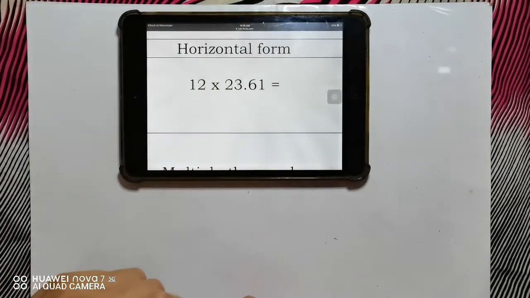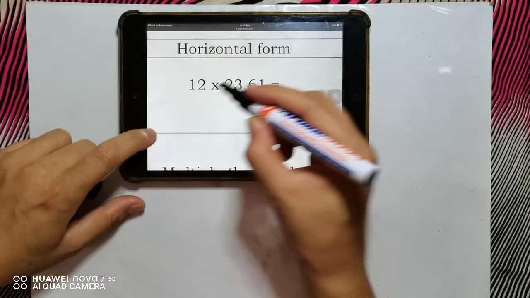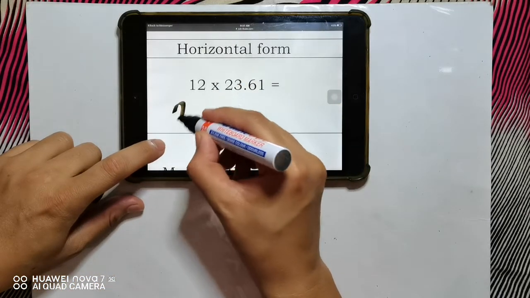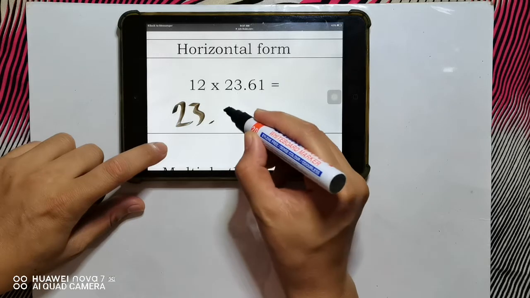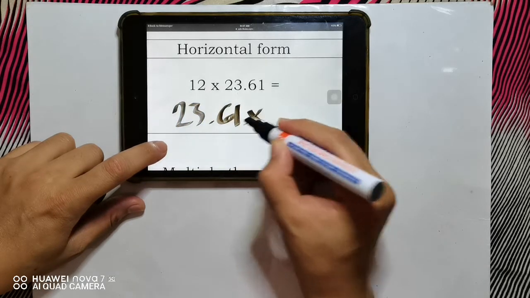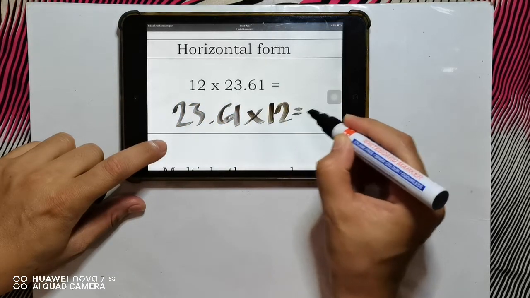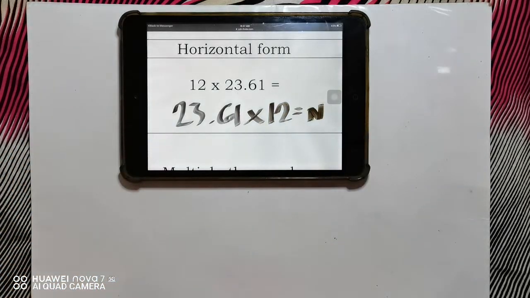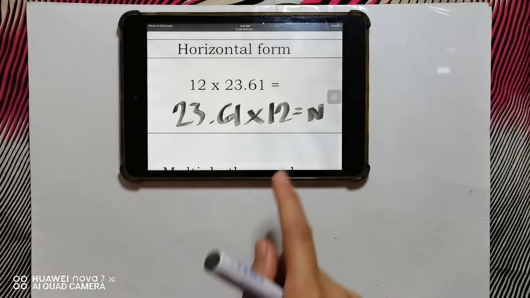That will be 12 times 23 and 61 hundredths kilometers. Or, pwede mo naman yung baliktaran. You can make it na 23 and 61 hundredths times 12 equals n. Usually kasi mas madaling mag-multiply kapag yung multiplier natin sa baba o mas kaunti compared doon sa number na nasa itaas. Okay? So, that's the horizontal form.